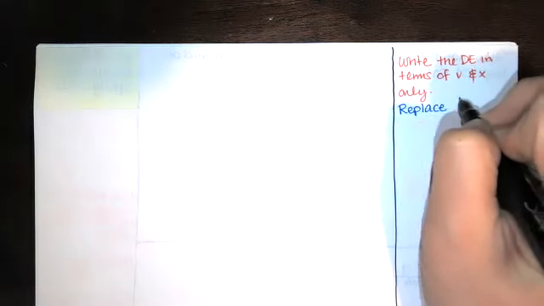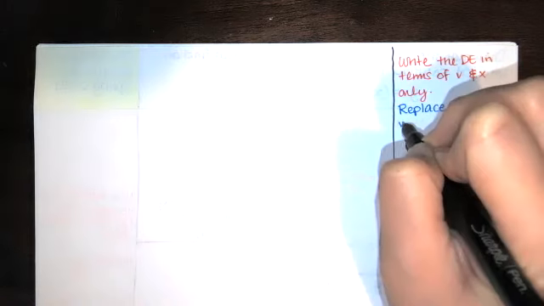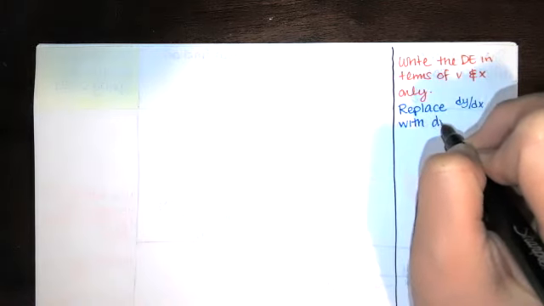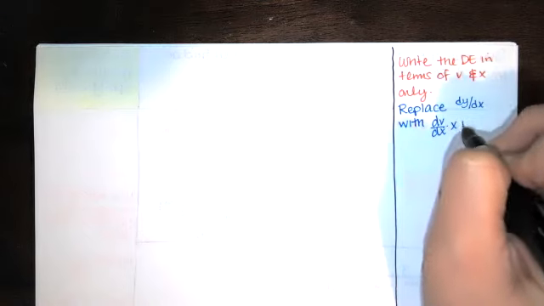And the way we write the differential equation in terms of v and x only is we make replacements. We're substituting. We're going to replace dy/dx with dv/dx times x plus v.